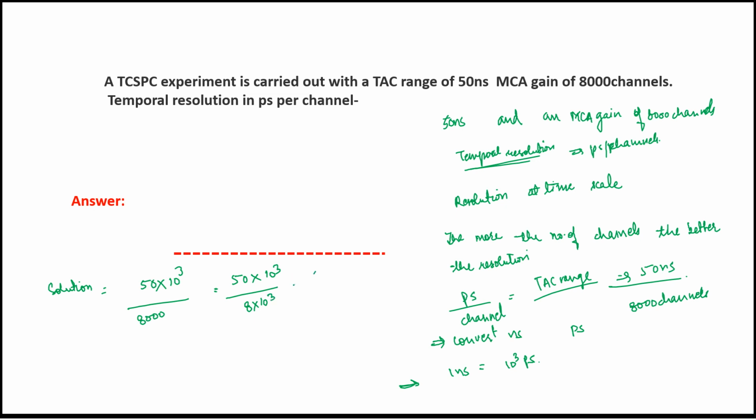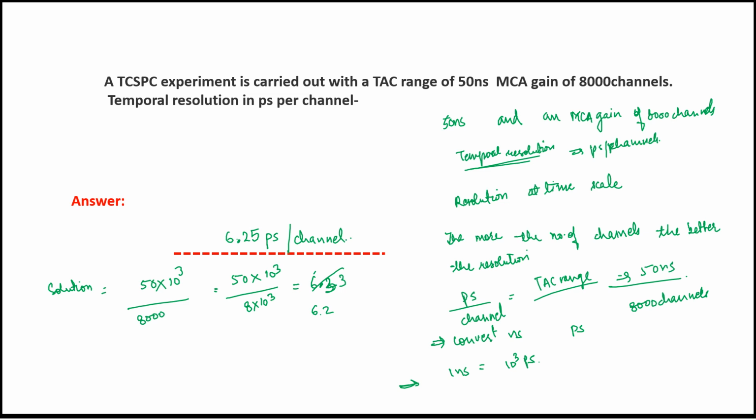So it will come somewhere in the range of 6.2, no, 6.3. Yeah, 6.33. Okay, so it will come to be 6, no, no, 6.2, 6.25 picosecond per channel.